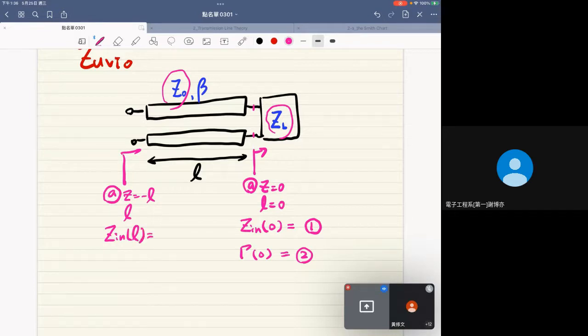This is the answer for question number 3. And also, what is the reflection coefficient at the position or the length L? This is the answer for question number 4.